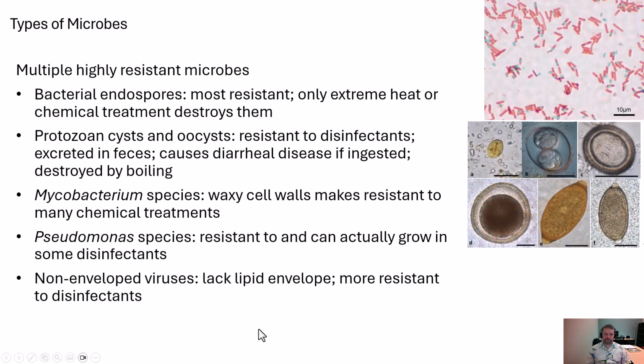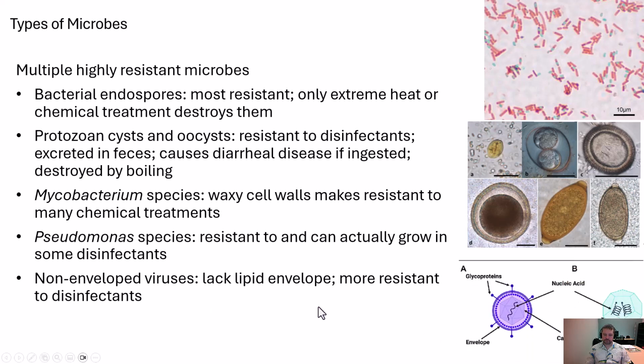And then you have a whole group of viruses that lack lipid envelopes. Okay, so you have lots of viruses that do have lipid envelopes, an envelope that goes around the outside protein that has glycoproteins attached to it and whatnot.